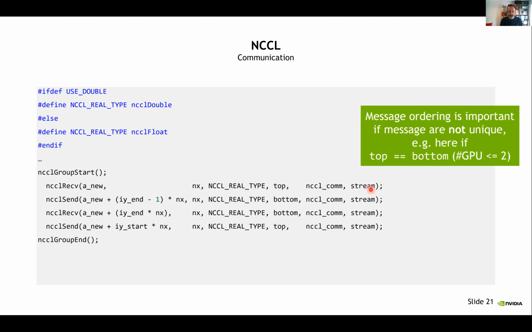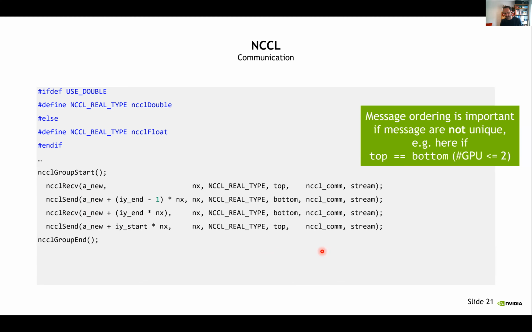One important thing to point out here is that the ordering of these messages is really important in case messages are not unique. For example, if you run with periodic boundary conditions, so that the top boundary of the last rank is treated as the bottom boundary of the first rank, and the first rank is treated as the top boundary of the last rank, and you only run with 2 or fewer GPUs, then top and bottom would be the same, and the messages would not be distinguishable.